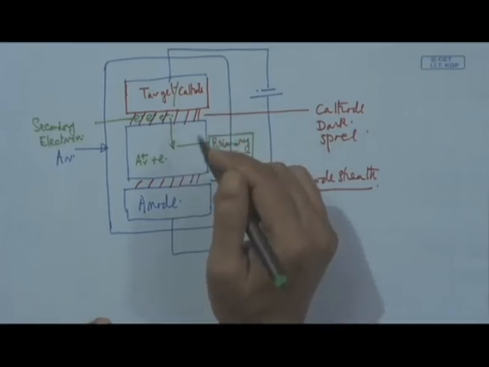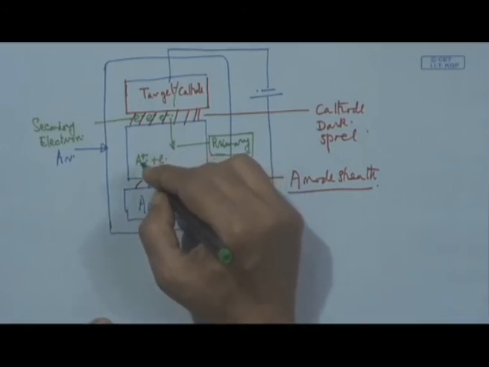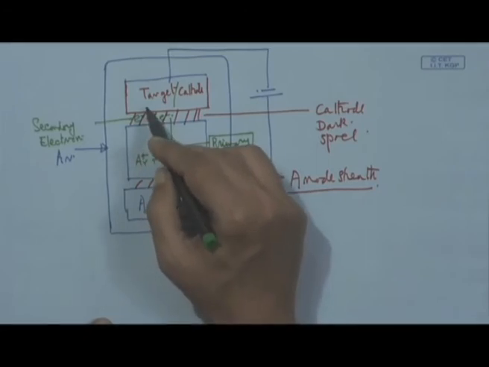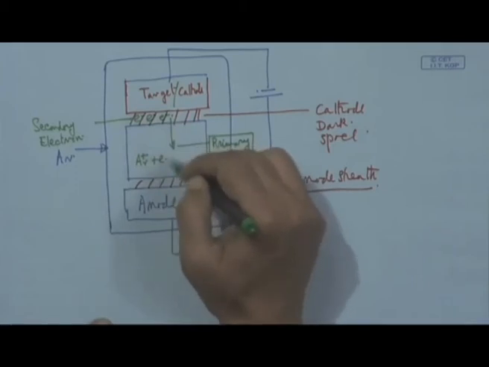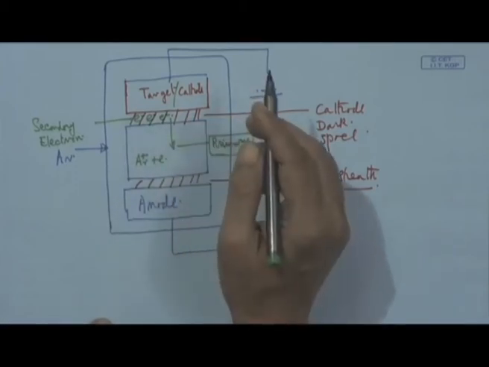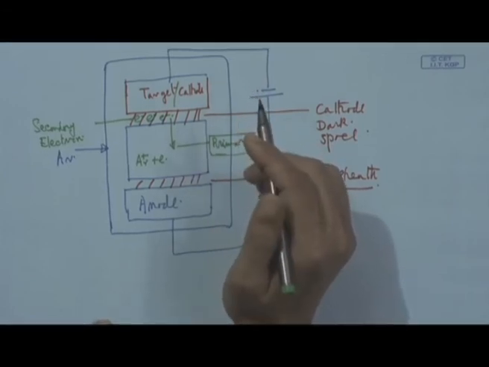So, it is very important that this primary electron must generate argon ion, and this argon ion will be accelerated towards this target surface. So, this is just a cyclic process, and this way the process will keep on going.